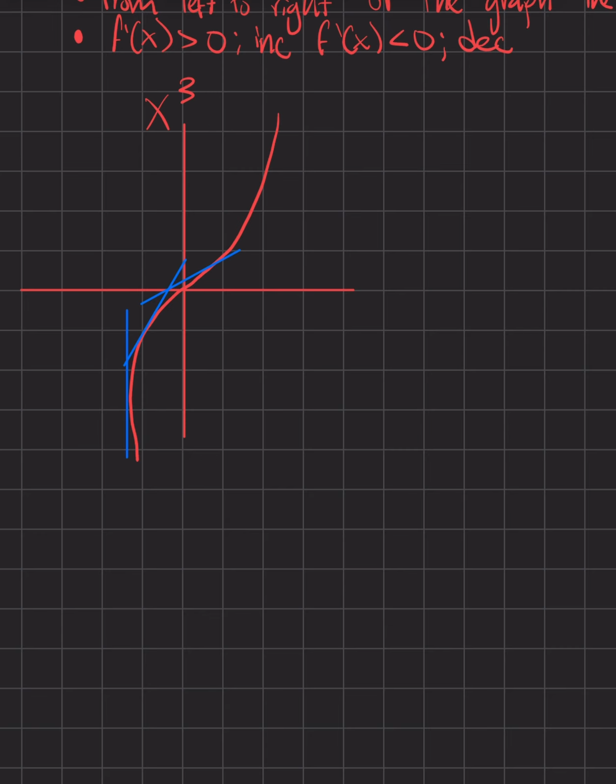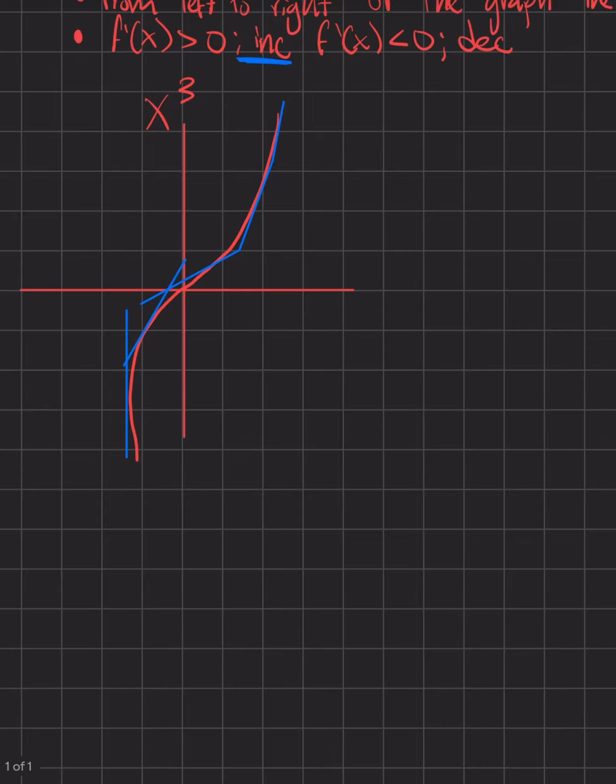When x is equal to 0, we know with x cubed that the slope at the tangent point is going to be 0. I'll talk about that in a minute. But if we keep on taking the slopes, you'll see that all the slopes are going to be positive values, right? So that is what I talked about right here.